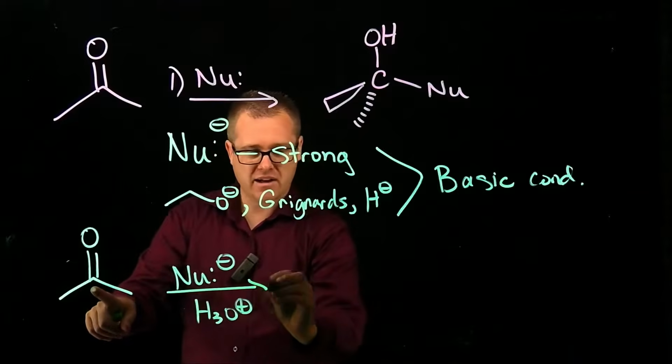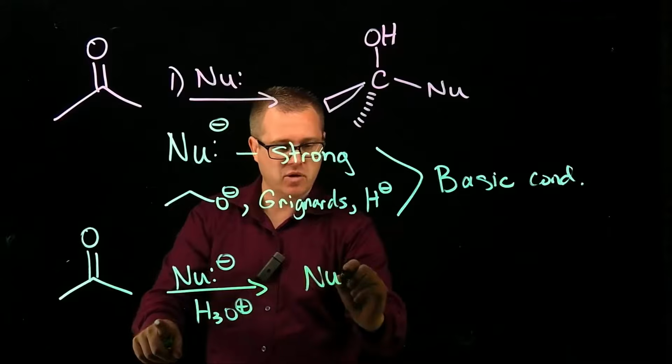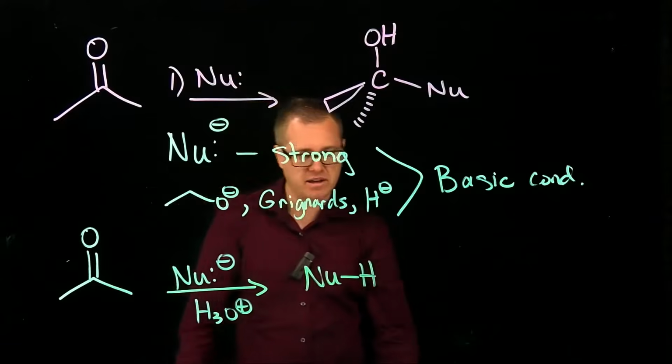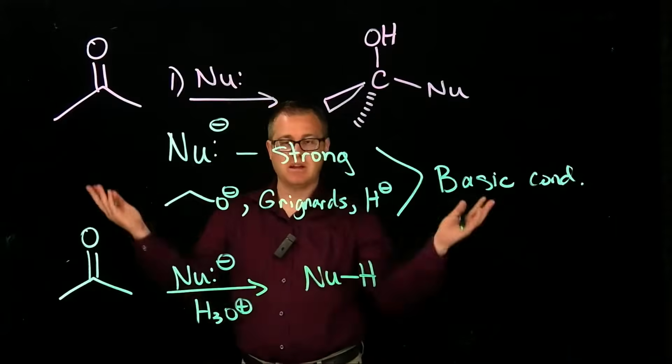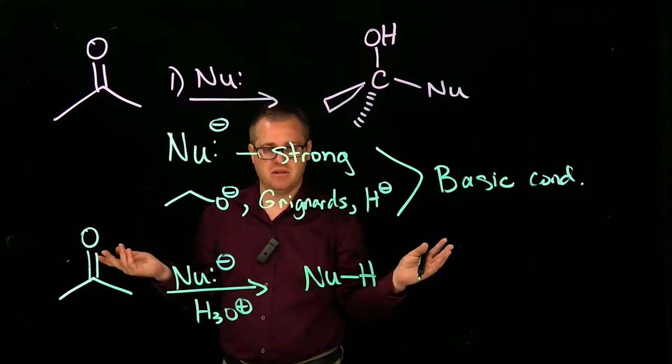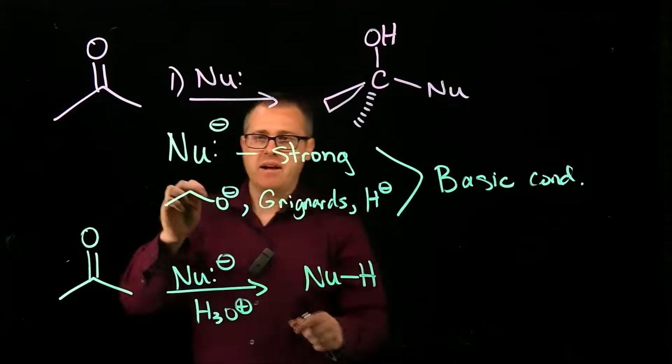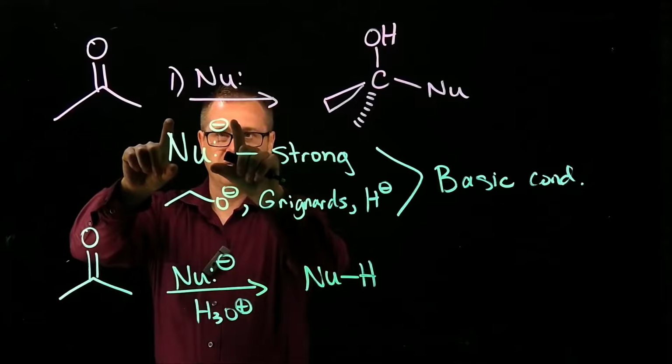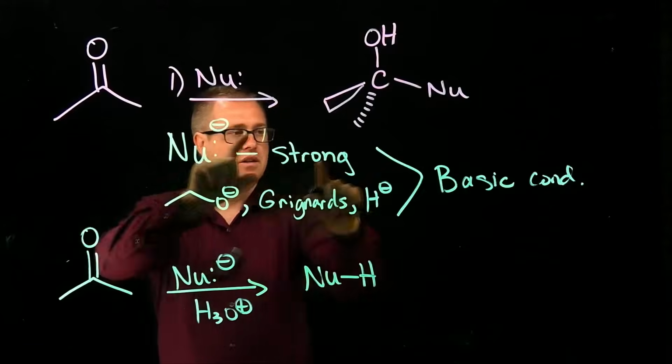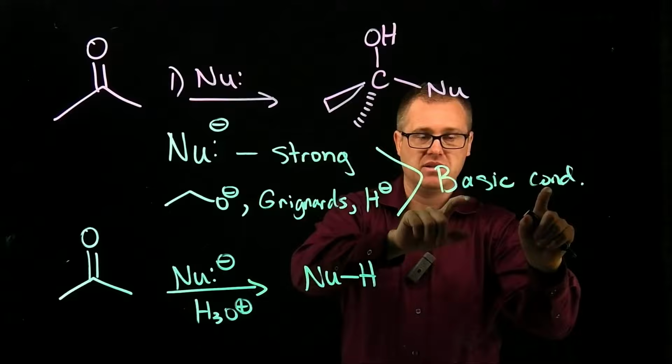So what's actually going to happen is your nucleophile is going to react with the acid and put on a hydrogen on the nucleophile, and then the reaction's done. So when you have a strong nucleophile, you have to use basic conditions.